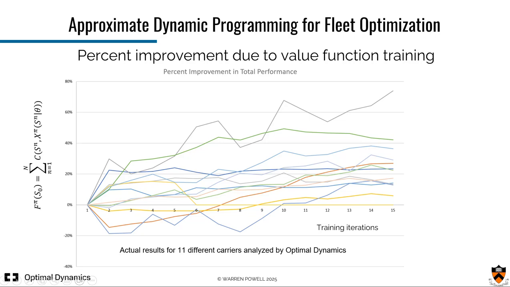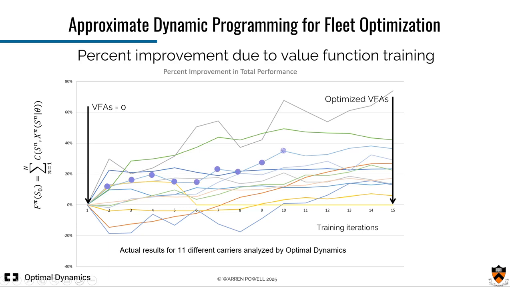And this is a problem that cannot be approximated deterministically if we want to keep the characteristics of each individual driver. Now, here are simulations for 11 different trucking companies. This is real data. In the beginning, this is where all the value functions are equal to 0, and then after 15 iterations, I've optimized them. Now, here's a particular carrier, these blue dots.